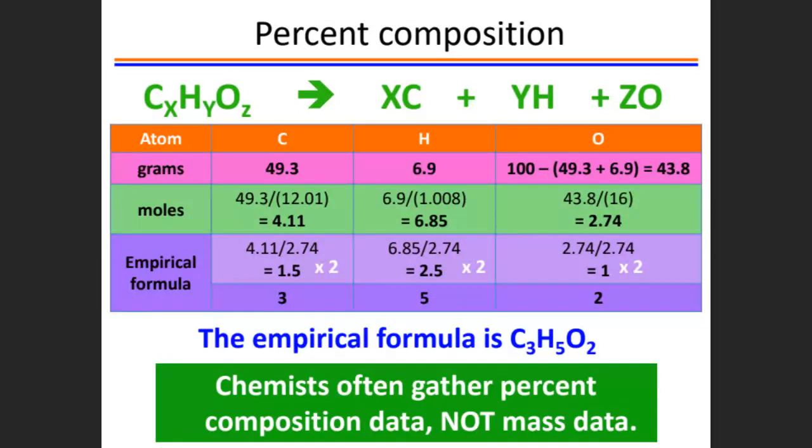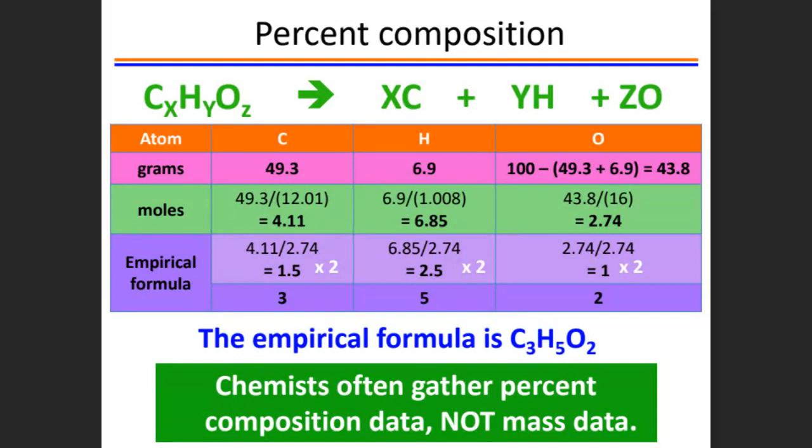Percent composition. We know now how to do the percent composition, correct? The empirical formula is C3H5O2. CxHyOz, so x carbon, y hydrogen, and z oxygen. So gram carbon, gram hydrogen, and oxygen.